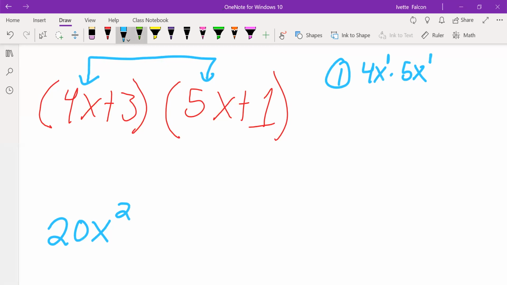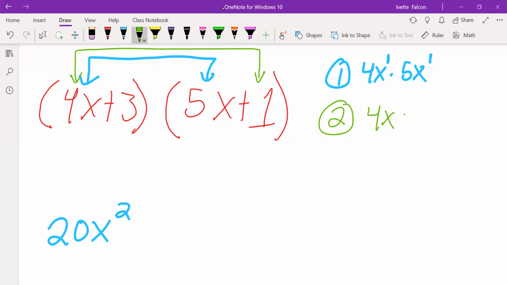Once you have done that, then we're going to move on to our second multiplication in FOIL. So you're going to do the outer ones. So the first one times the last one, the outer ones. 4x times 1, that's the same as a positive 4x.